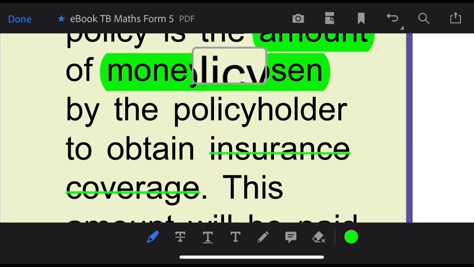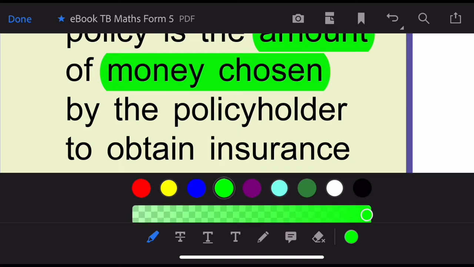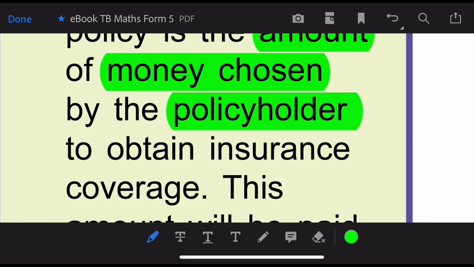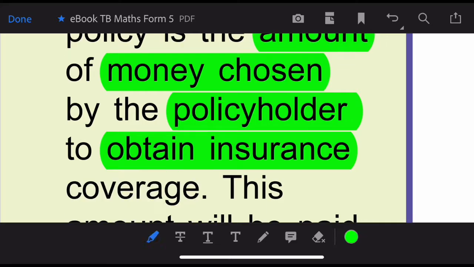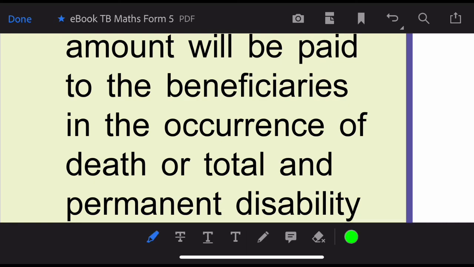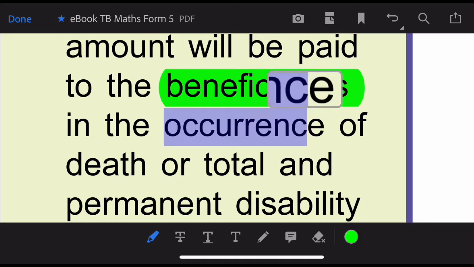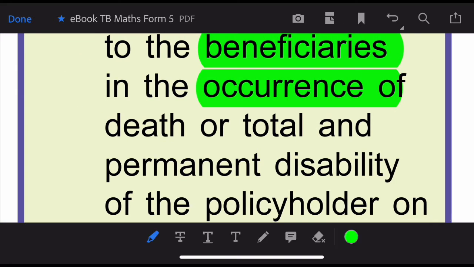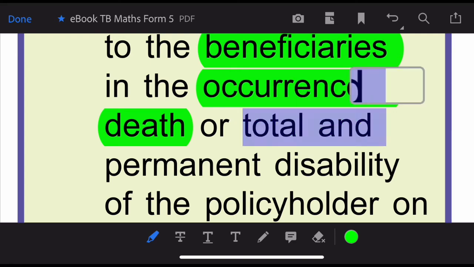So it's actually up to the policyholder to choose how much money the policyholder wants to cover. This amount will be paid to the beneficiary in the occurrence of death or total disability. Let's say anything happens, this amount will be paid.